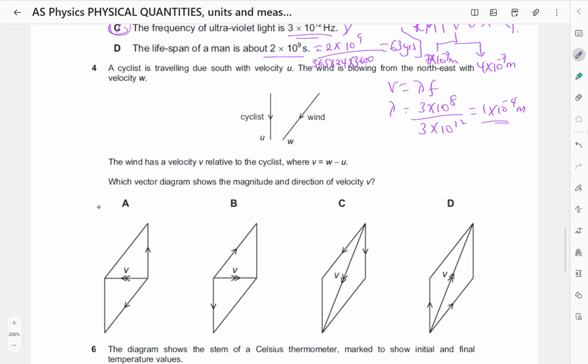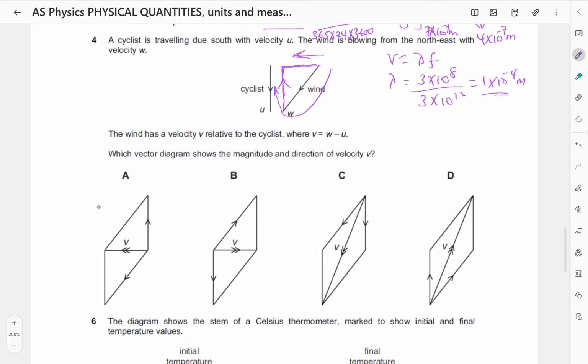Then instead of adding u downwards, I'll put it upwards. So it is w minus u. So I'll put u here in the opposite direction. If I put u in that direction, then the resultant must be in the opposite direction.